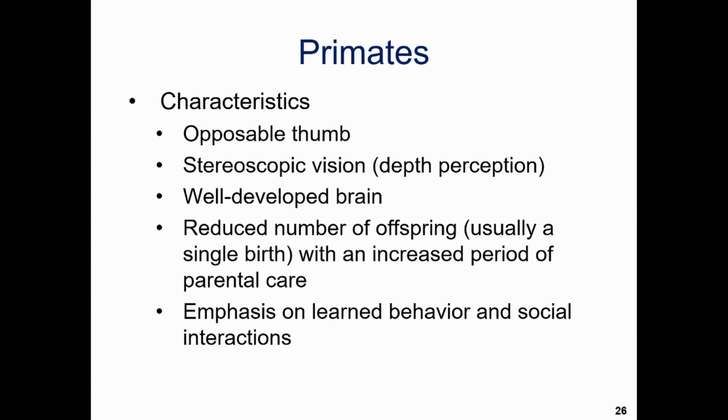We have a relatively well-developed brain. We don't have very many offspring, usually just a single birth, although possibly twins. And we've increased how much time we spend parenting those offspring. So we've shifted away from having as many offspring as possible and hoping for the best to having very few offspring and investing a lot of time and energy into them.